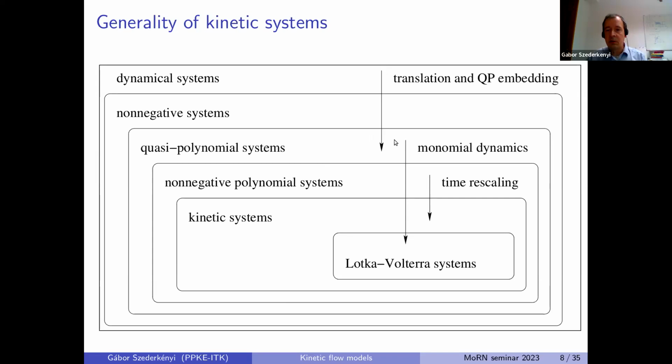And if we introduce the monomials as new variables, then the resulting dynamical system will be a Lotka-Volterra system, which is known to be a kinetic system. And from almost any non-negative polynomial system, using a simple time rescaling, we can arrive at a kinetic system. The question is whether we can use the kinetic representation for our purposes or not.